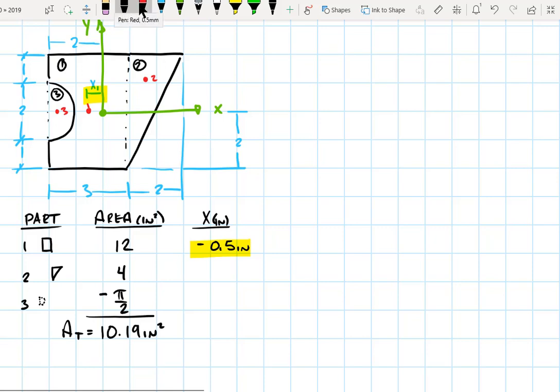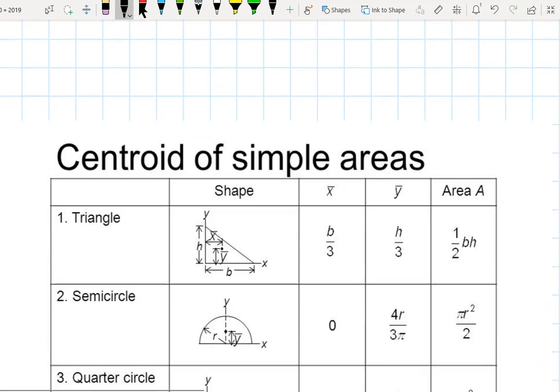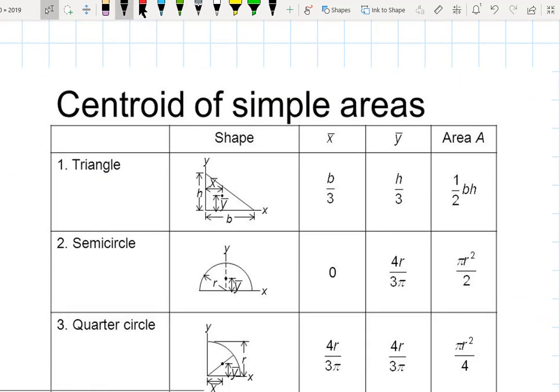It is a triangle. And if I look here, my triangle is drawn like this, which is the one I've got in the chart, but it's rotated 90 degrees clockwise, right? So I have to take that into account. So technically, the dimension I'm looking at on this chart is labeled y bar because I have to rotate it to make it match up. And for a triangle, that's not a big deal because x bar and y bar are both whatever that dimension is divided by 3.